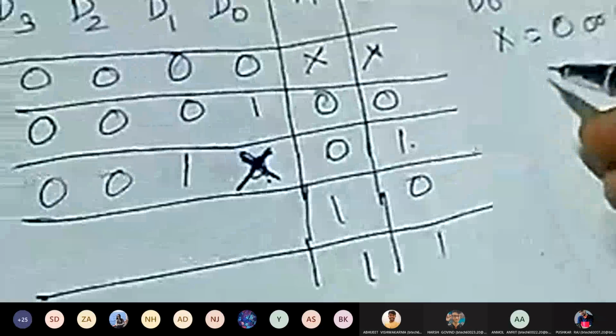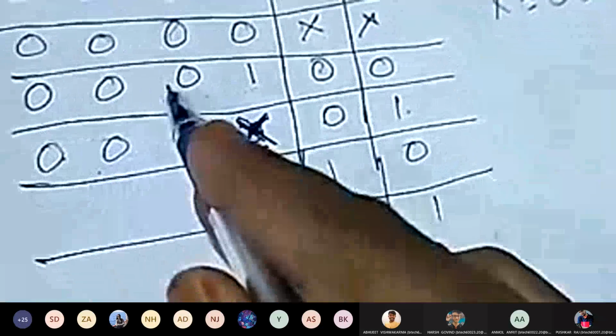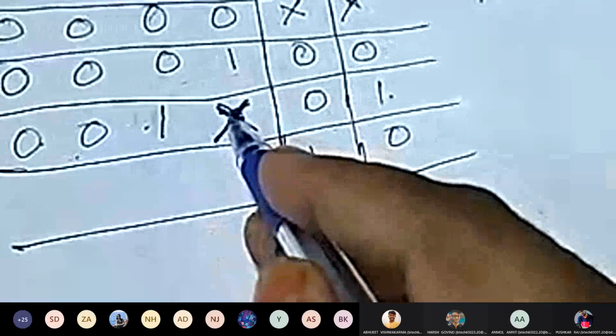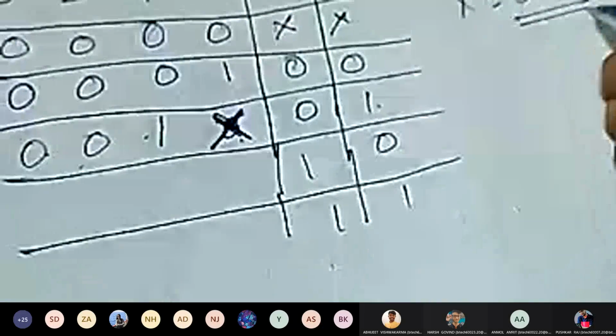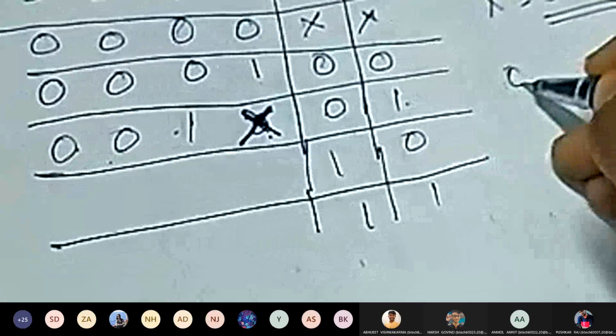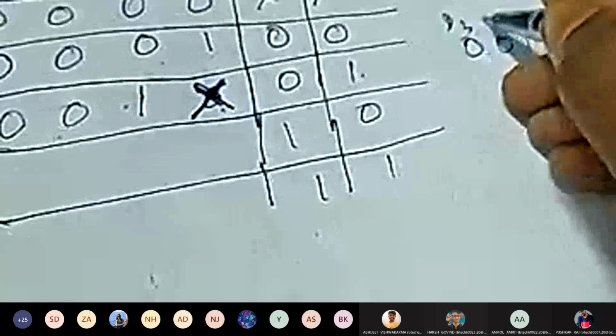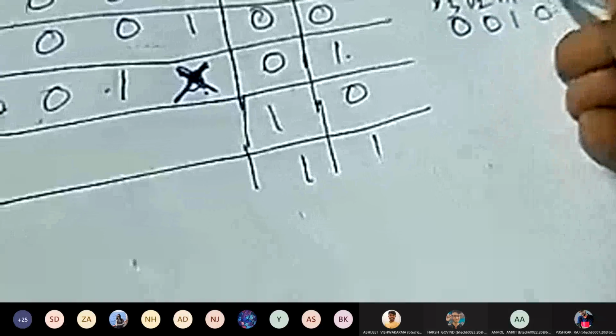So in this case I'm just saying D3 is 0, D2 is 0, D1 is high and D0 is X. In that case, you take both the conditions. If you are taking X equals to 0, so what will be the pattern? 0, 0, 1 and 0. That is D3, D2, D1 and D0.